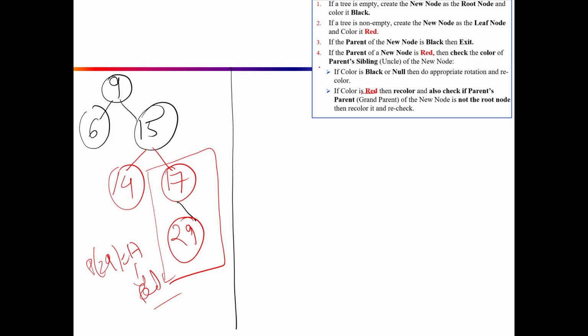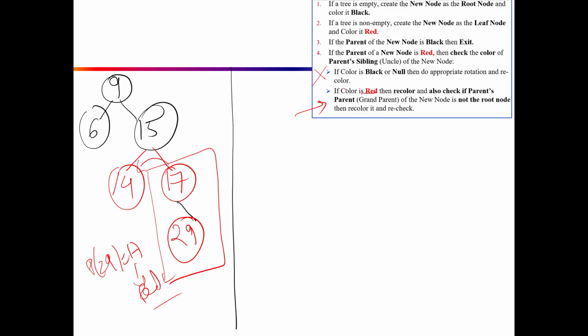It is not black or null, so we don't need to go for the first option. So if the parent of a newly inserted node is red, then check the color of the parent sibling, that means the uncle of 29, that is 14, and that is also red, so we comply with the second property of rule number 4.